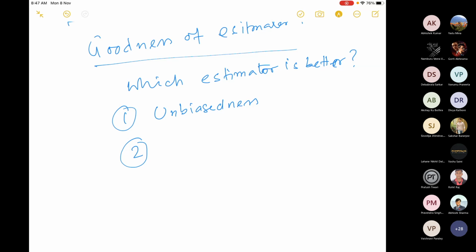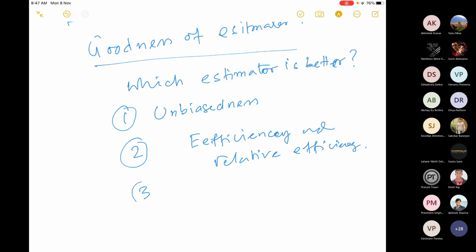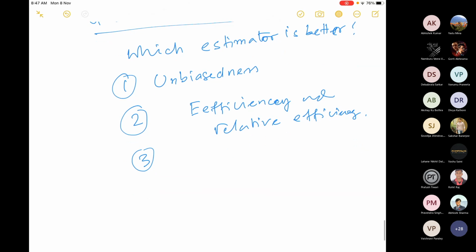Unbiased, and then there is something called efficiency and relative efficiency. Then there is minimum variance, or let's say the exact term is uniform minimum variance.